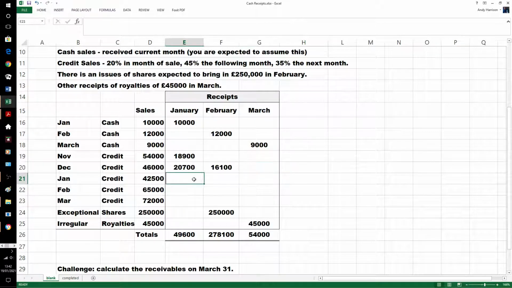The only one that's going to have entries in every month is January's. So of January's sales, apart from the cash sales, which we've already done, from the credit sales we need 20%, because 20% in the month of sale, 45% in February, the month after, and the last figure 35%.